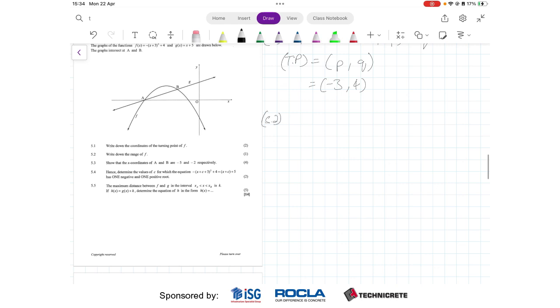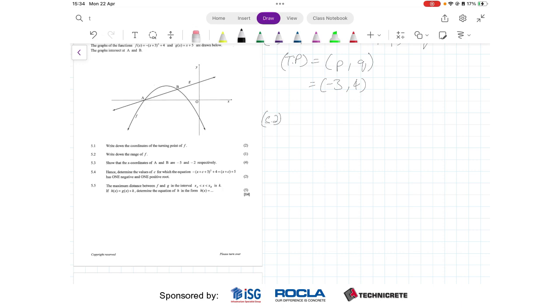5.2. Write down the range of f. The range of f is all function values for which your function is valid. And this is possible from the point of turning all the way down to negative infinity.